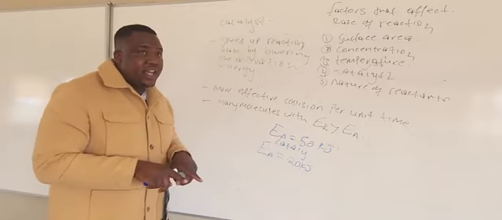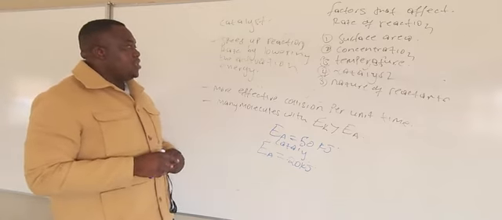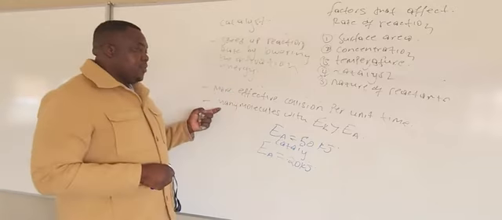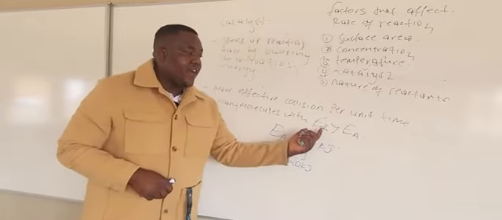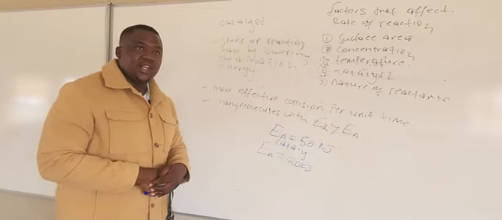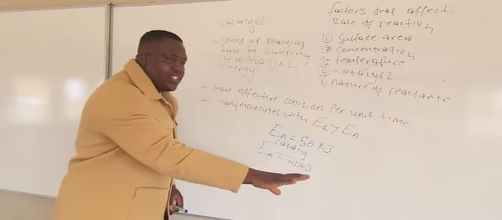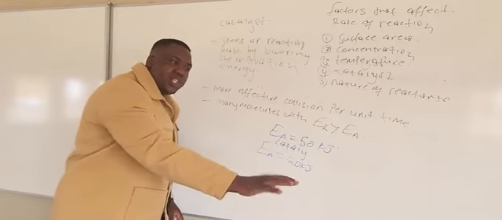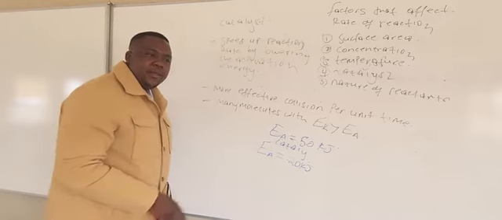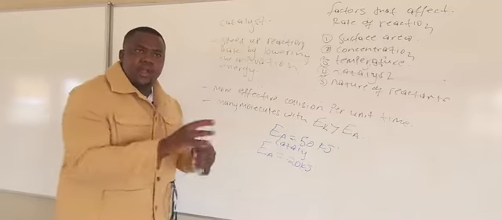When activation energy is reduced, it means there's going to be what? There's going to be more effective collisions. And many molecules will have kinetic energy which is greater than activation energy, because activation energy will be less. Many kids in that analogy will start to buy cars. Why are they buying cars? Because the price is cheap. A car is 50 rand this time around. So everyone is going to go and buy a car.